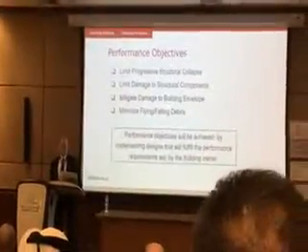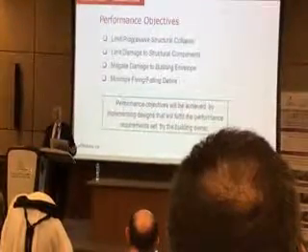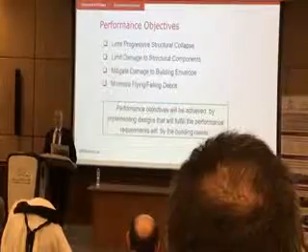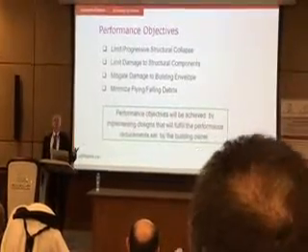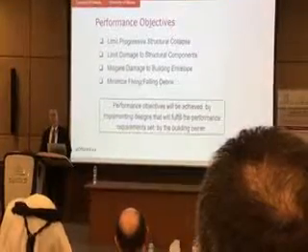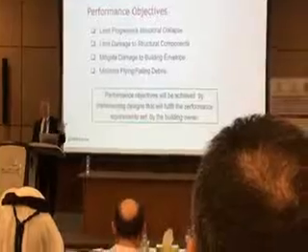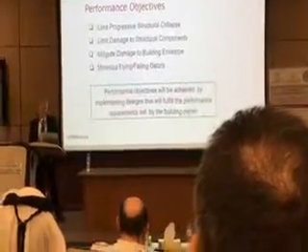So, performance objectives: having that piece of information, you have to control a number of things. First of all, you have to limit progressive collapse, and I'll talk about that at the end. I already defined what progressive collapse is.